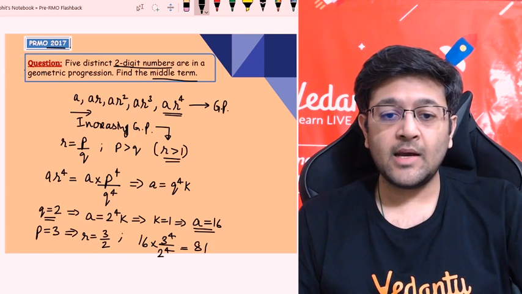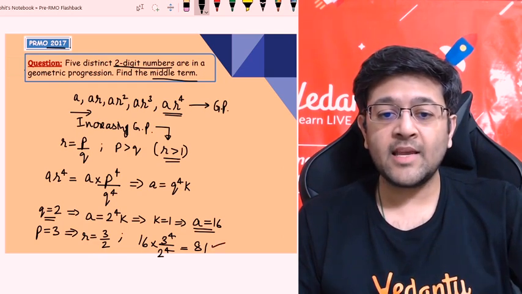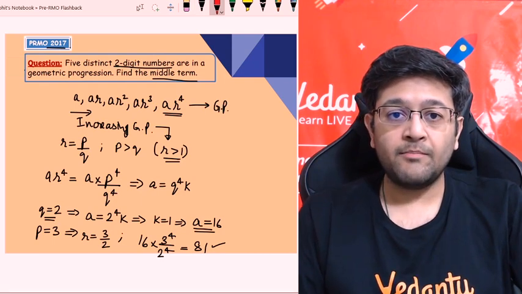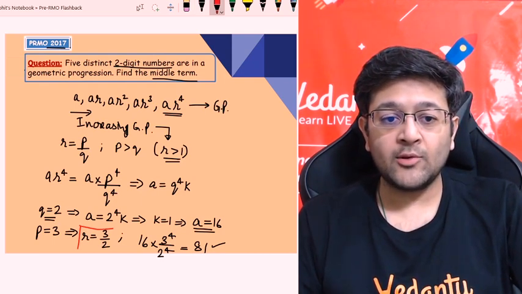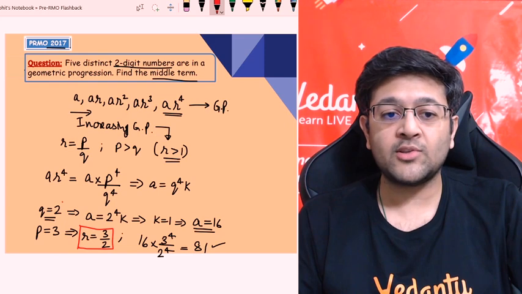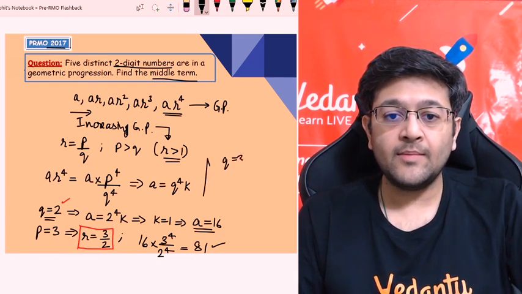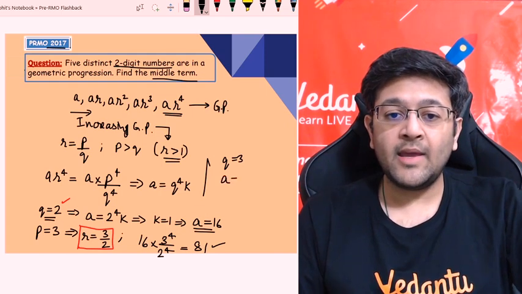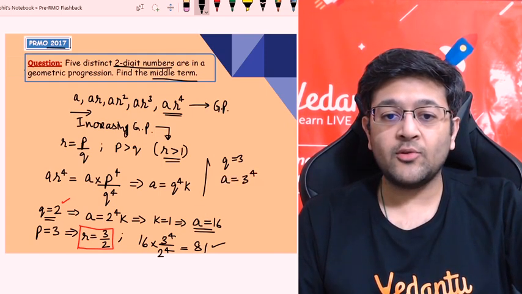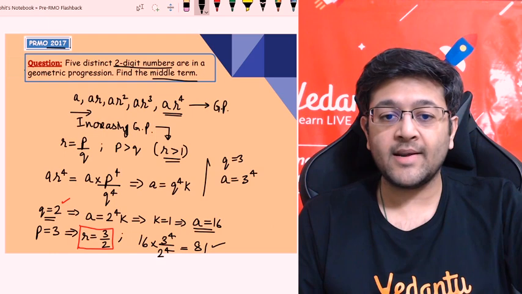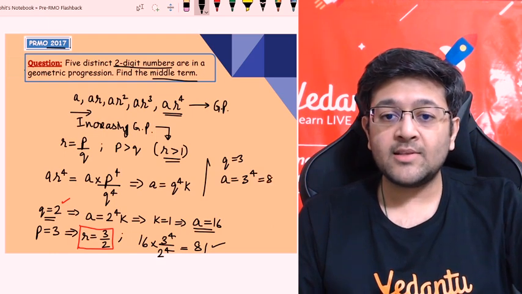So the thing is, we have to think about why this cannot be any other way rather than this. Why not? Because if you put Q as 3, let's assume the minimum value of Q is 3, other than Q equal to 2. So the minimum value of A in that case will become 3 raised to power 4, just following this method, which will give us 81.